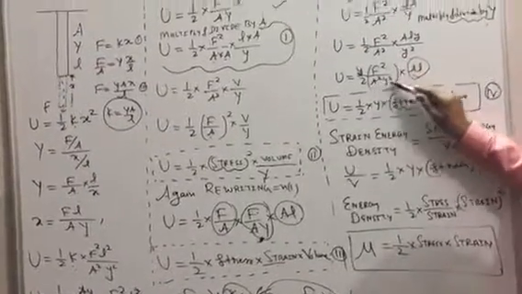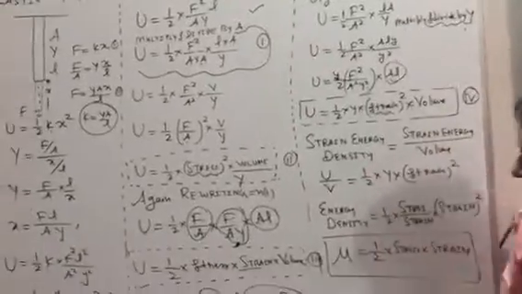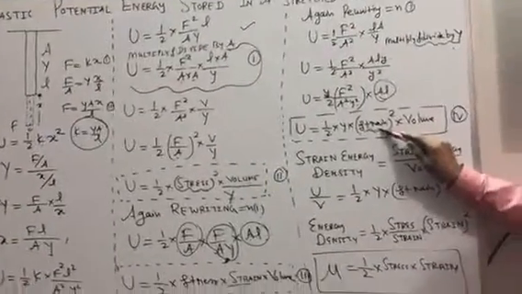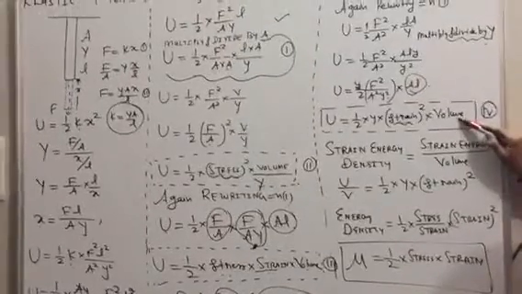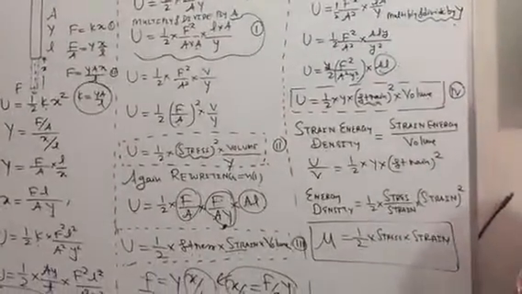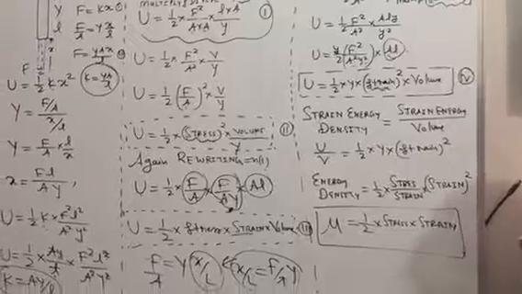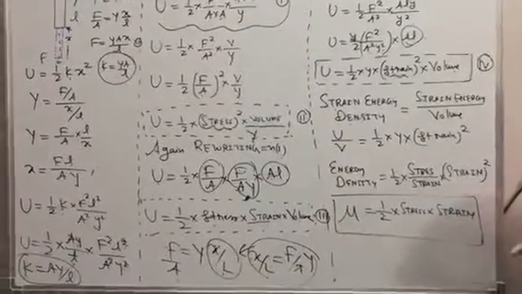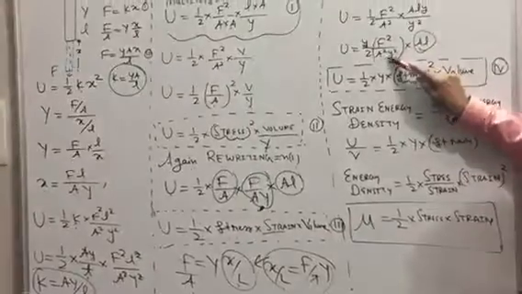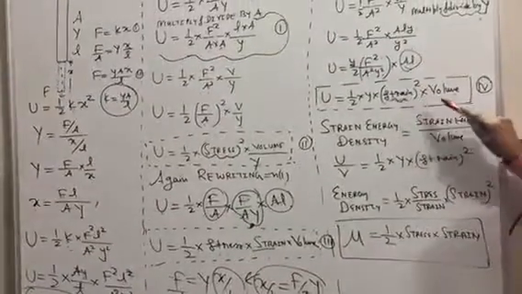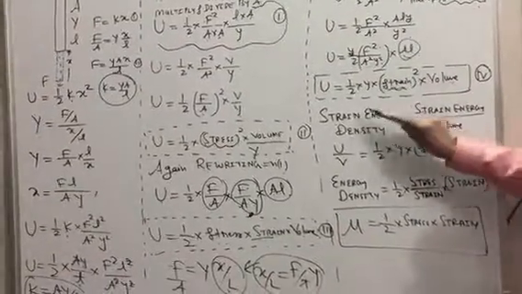What is F upon AY? Strain. So F square upon A square Y square is strain square. AL is what? Volume. I again tell you, pause, write, understand, then play. So U is equal to Y upon 2 into strain square into volume.